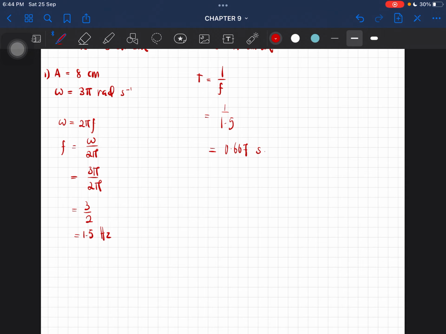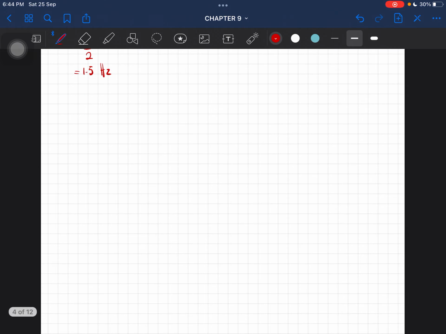Right, after that we have to find the velocity and acceleration at any time t. In this case, we actually have to find the general equation, the relationship between velocity and time. So we know that v, the velocity, is the rate of change of displacement, dx over dt.